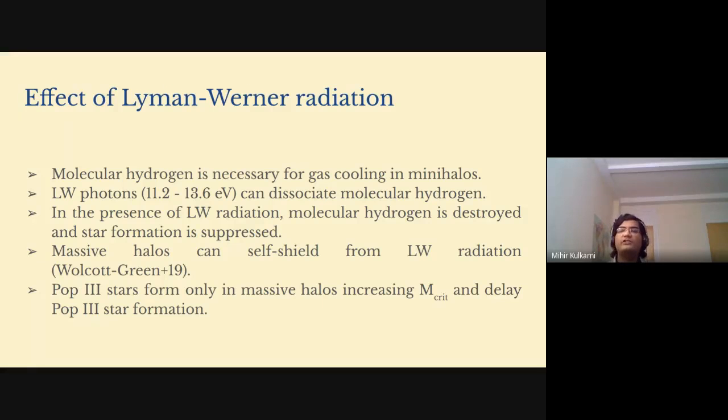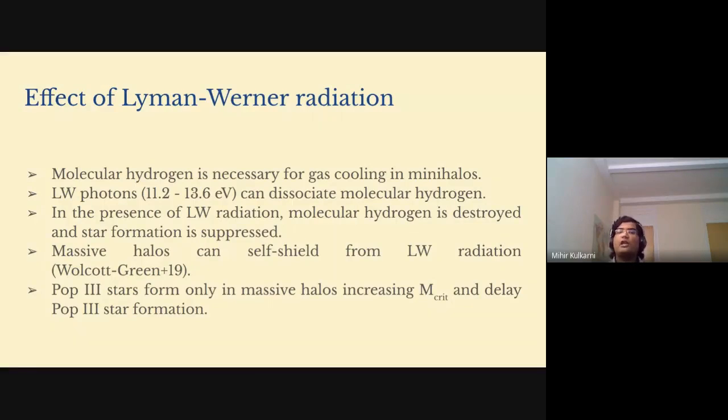So if you are in a region of high Lyman-Werner radiation, molecular hydrogen is dissociated more and more, and if it's dissociated, star formation can be suppressed. Because if you don't have molecular hydrogen, the gas needs to be very hot and the halo needs to be a lot more massive. So this can delay the formation of first stars. However, massive halos can have higher gas densities, and they can self-shield from this Lyman-Werner radiation and still form some molecular hydrogen and cool.